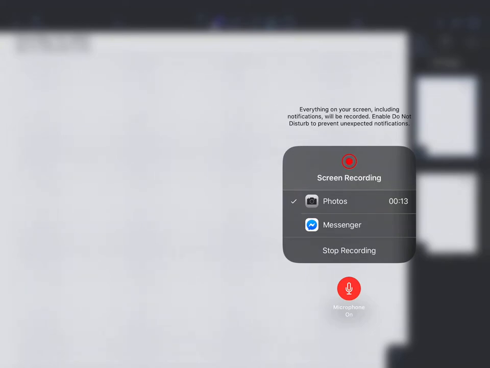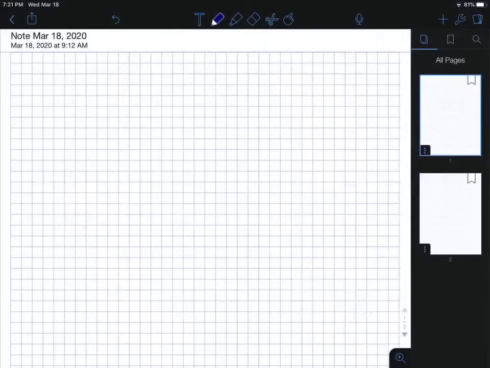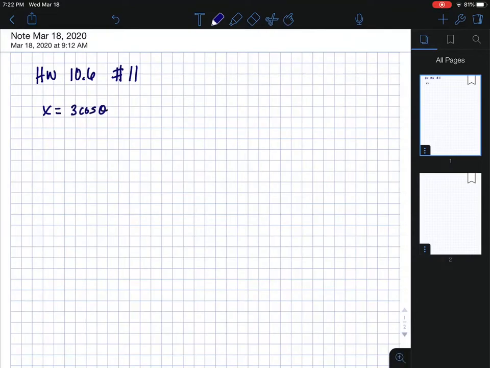This is for pre-calculus problem number 11 on 10.6. Okay, so homework 10.6, number 11. We're given x is equal to 3 cosine theta and y is equal to 2 sine squared theta.